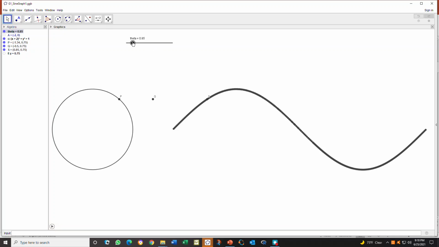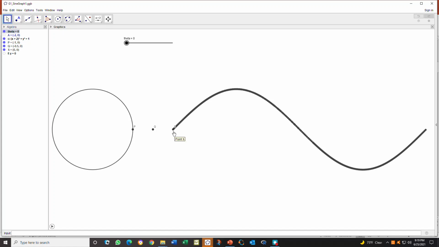S is basically the same Y value as P, but its X value is this theta. Let me repeat that. This point S that we are seeing here has the same Y value as P, but its X value is this theta.